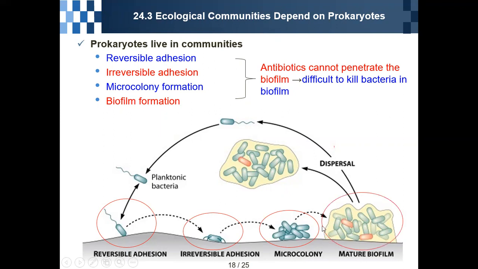After that, they make the biofilm. So they coat the space. In this case, antibiotics cannot penetrate the biofilm, which means it's difficult to kill the bacteria in it. Usually prokaryotes make a biofilm like this to protect themselves.